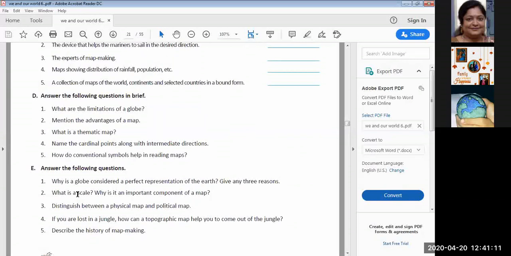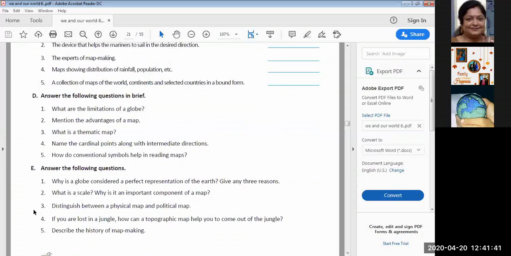If you're moving from here to Patna, and in the map they are showing you it is 130 kilometers, then you come to know Patna is 130 kilometers away. How? Because 1 centimeter is shown as 500 meters. So like that, we can find out what is actually the distance. So it is a very important component of a map to know the exact distance of a place from another place. Very good.